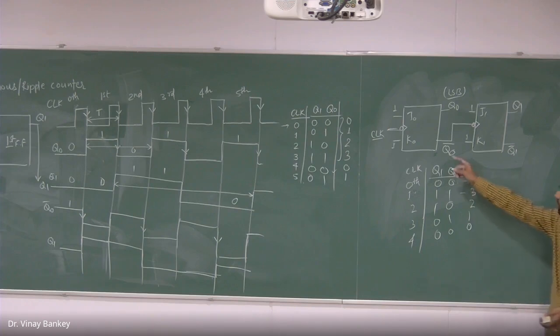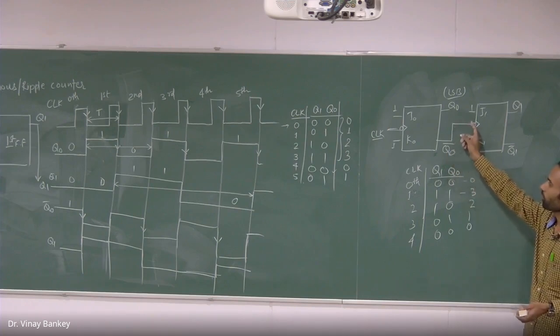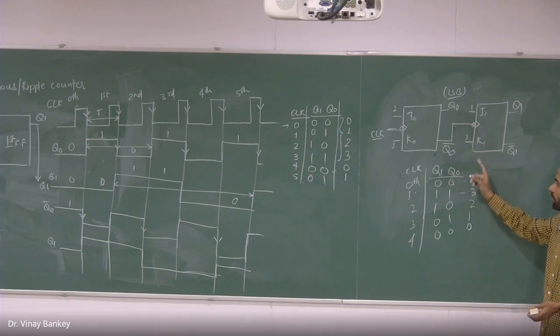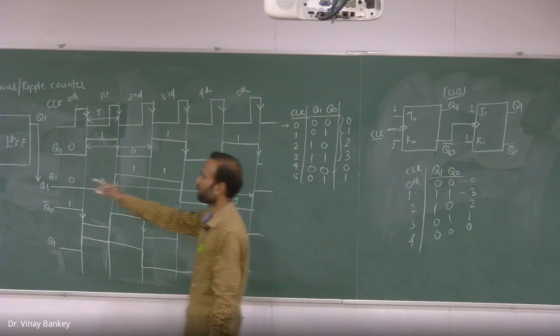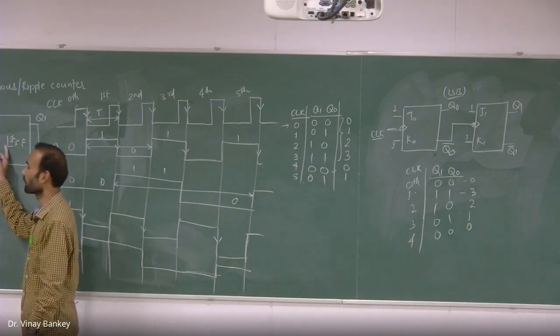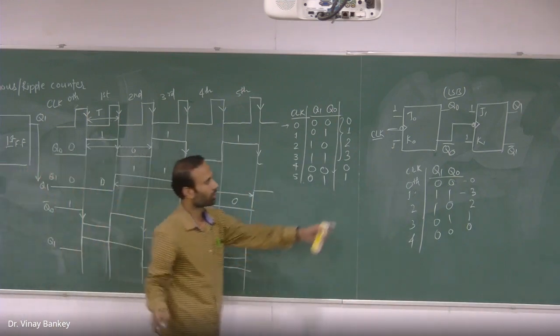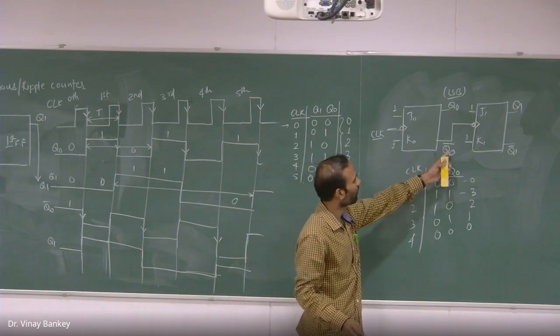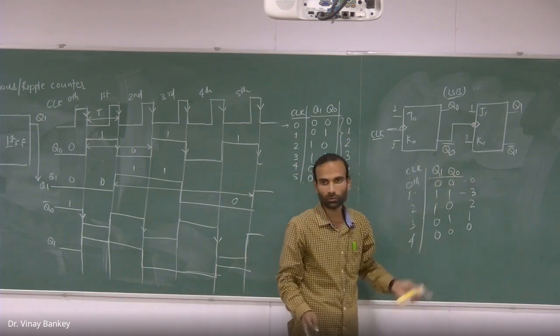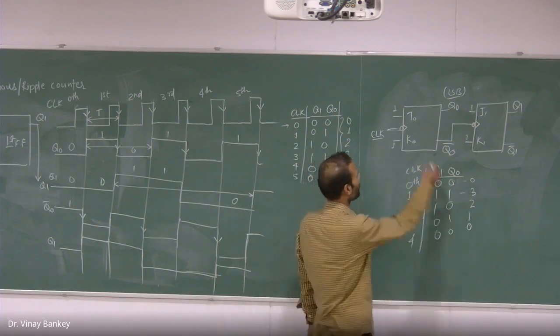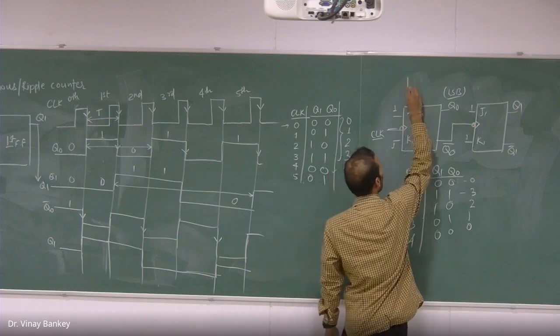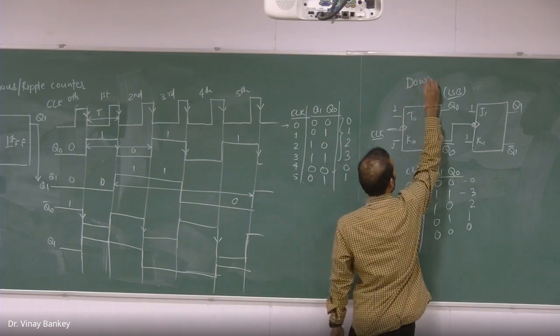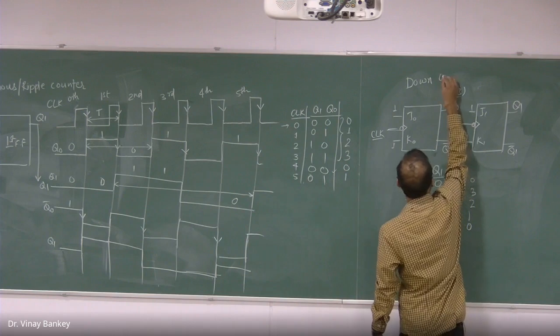So if we change the clock pulse of the second one, we can change the type of the counter. The previous one we have applied Q0 as the clock pulse to the next one. For this we have applied Q0 bar as the clock pulse to the next one. And now it has started counting as a down counter. So we will define this counter as down counter.